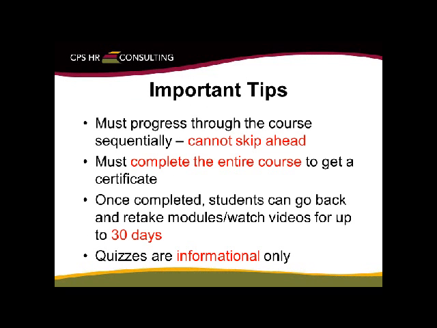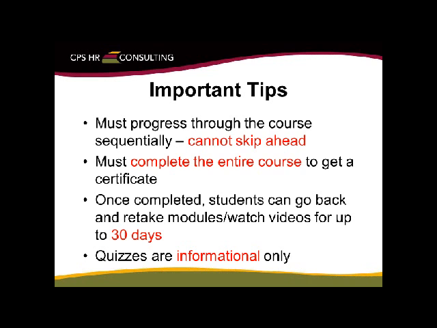A couple of important tips that I want to run you through before we take a look at a couple of the screens: we're also very cognizant of wanting people to watch the entire orientation. So we built it so that they could not skip ahead. They must progress through the course sequentially, meaning they have to do module 1 before they can go to module 2, before they can go to module 3.